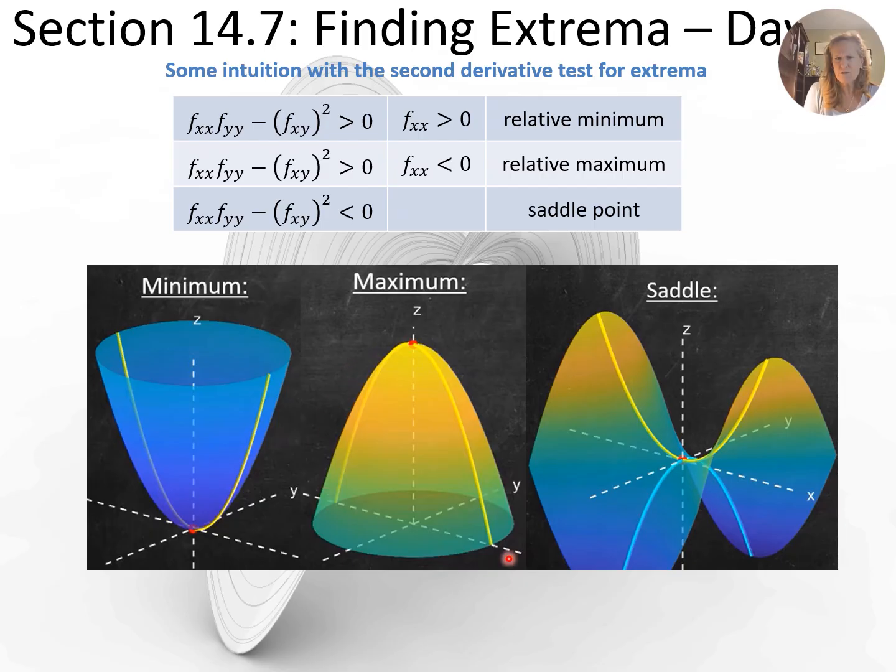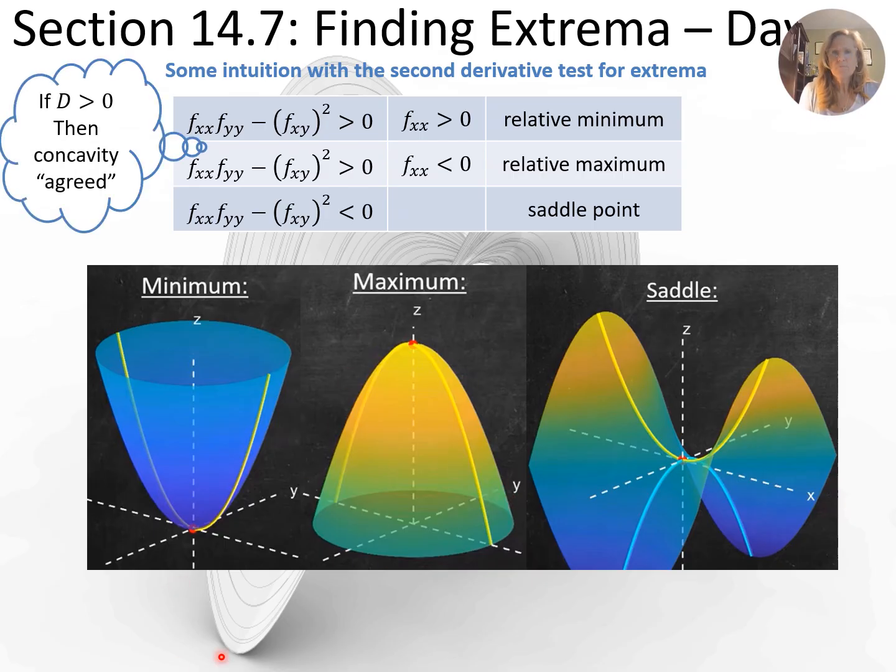Same here, and this path I chose is parallel to the y-axis. This one's parallel to x, this one's parallel to y, you get it. Anyway, no matter what path I follow here, the concavity is in agreement.